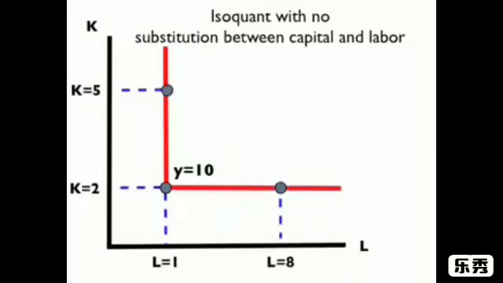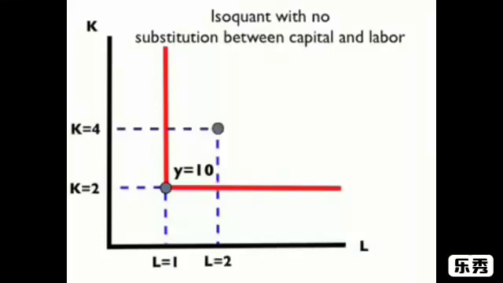So if we wanted to increase output, we would have to increase both capital and labor. For example, to 4 units of capital and 2 units of labor. Because it's a constant returns to scale technology, if you double the inputs, you'll double the output to 20. In this instance, the family of isoquants representing different levels of output will all have this same distinct right-angled shape, regardless of the level of output.